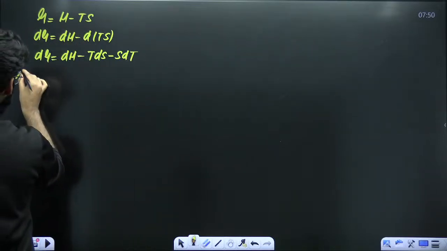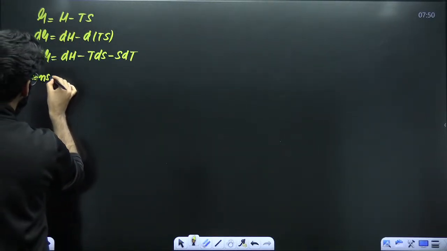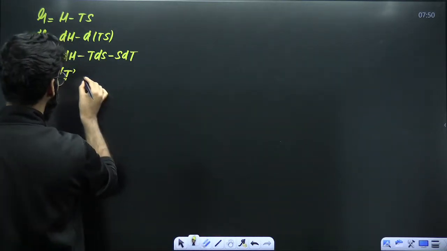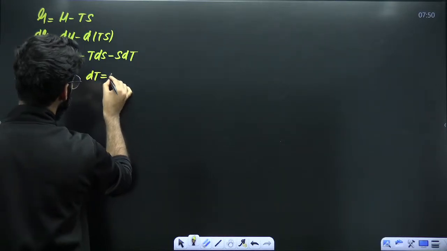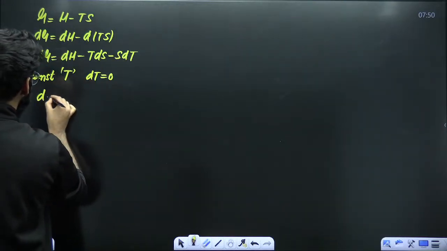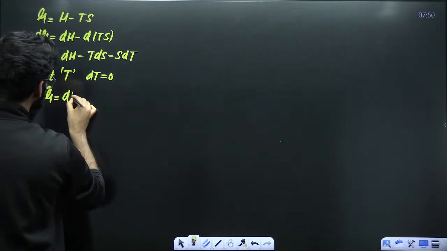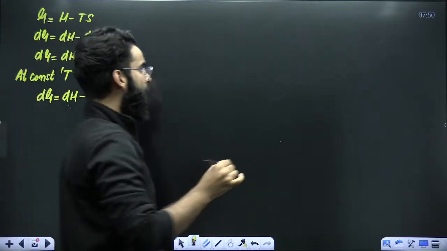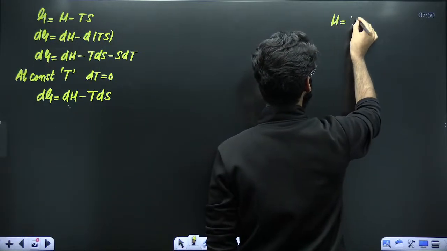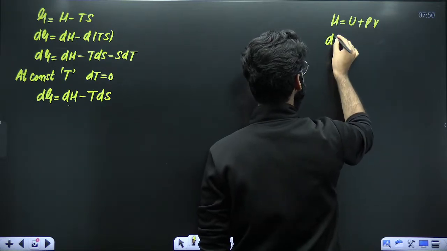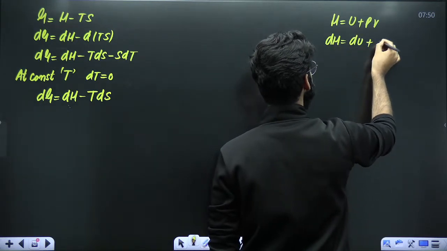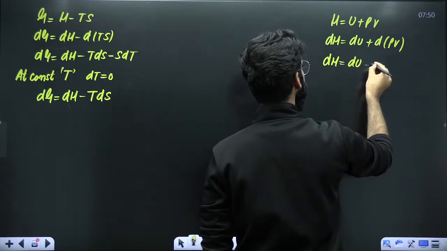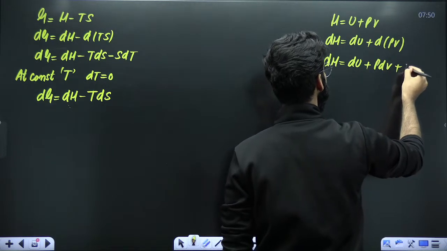If I write this equation at constant temperature, my dear students, dT is 0. If dT is 0, dG is equal to dH minus TdS. Perfect. Now, since we know H is equal to U plus PV, dH will be equal to dU plus d(PV), so dH is equal to dU plus PdV plus VdP.